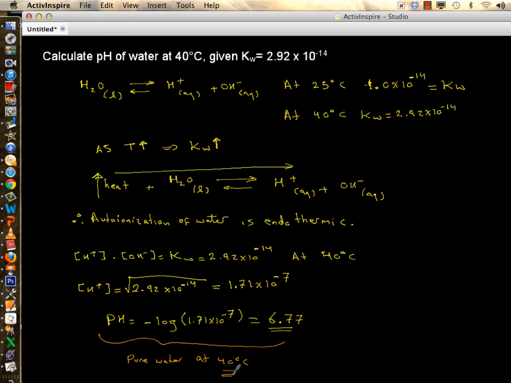The scale totally changes once you change the temperature. If you go from room temperature, which is our standard temperature that we measure all constants at, you will change the Kw and you will change your scale of pH and pOH. So pH is equal to pOH, 6.77, at 40 degrees Celsius.